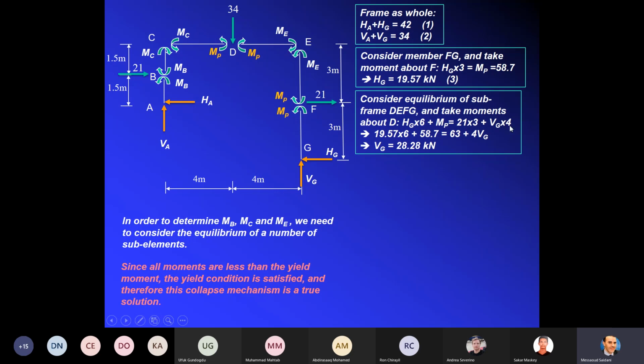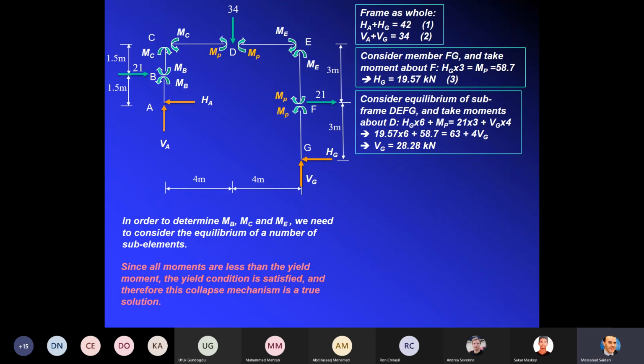So I repeat: HG times 6 plus MP, the clockwise moments, equals the anti-clockwise moments, 21 times 3 plus VG times 4, about D. Substituting MP by 58.7 and HG by 19.57 from the previous equation gives a VG of 28.28 kilonewtons.